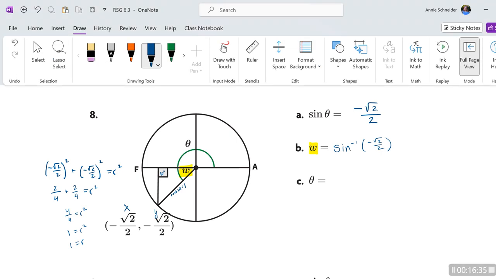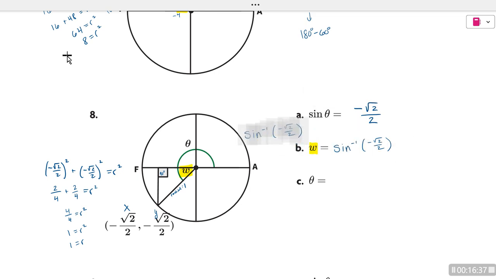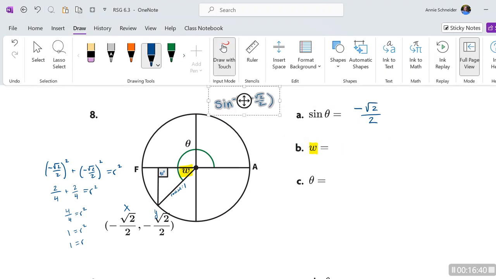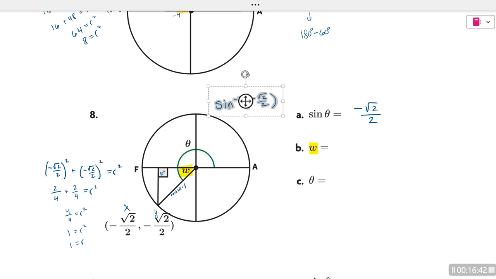So let's kind of separate this off to the side. When we do this, it gives us negative 45 degrees, right? And really what that means is that we're 45 degrees sort of below this axis here. It doesn't realize that we're not at 0. So it's giving us something that's actually this angle right here, negative 45 degrees.